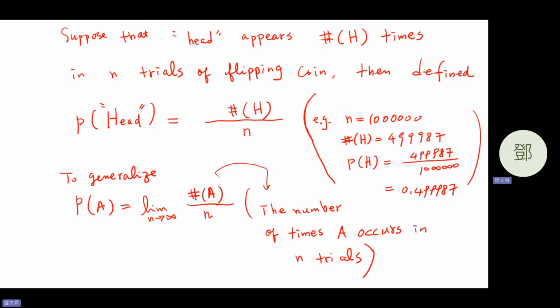Suppose that you see 499,987 times the coin shows head, and so the probability is defined by 499,987 divided by 1 million times you flip the coin. So the probability is 0.499987.